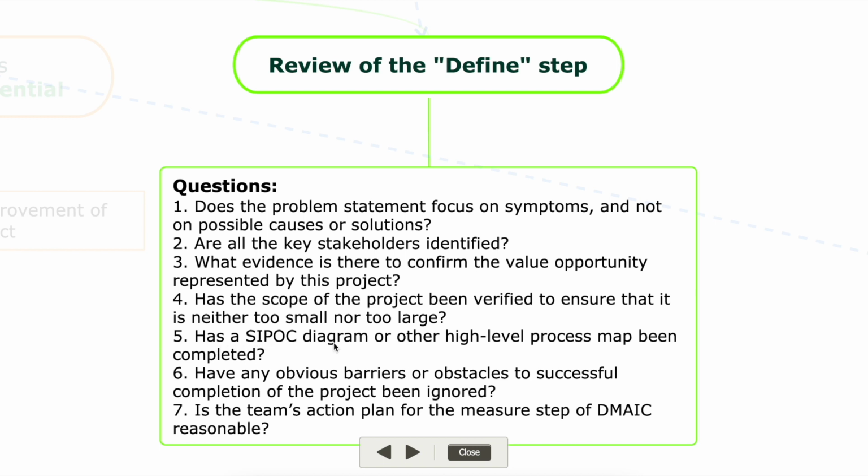Has the SIPOC diagram or other high level process maps been completed? Have any obvious barriers or obstacles to successful completion of the project been ignored? Is the team action plan for the major step of DMAIC reasonable? On the basis of all these questions, the success of the major step will be evaluated. If it is satisfactory, then you can move towards the next step, which is Measure.